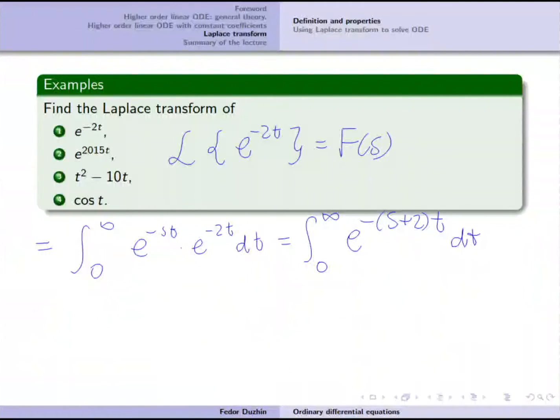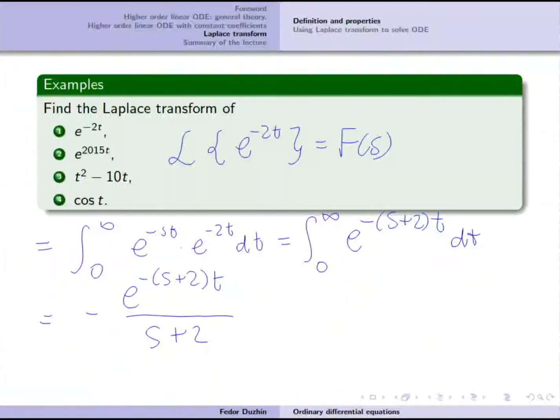So now we can find the antiderivative, and the antiderivative of e to the minus (s plus 2)t is really minus e to the minus (s plus 2)t over s plus 2.